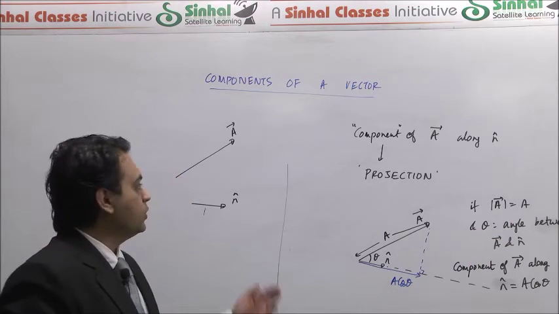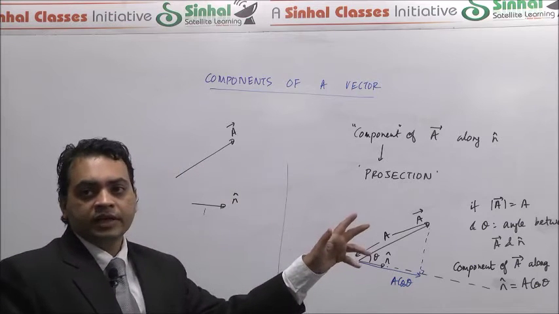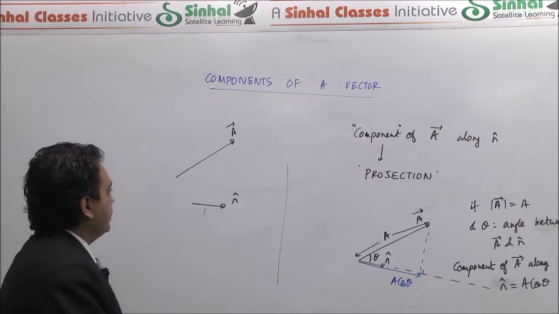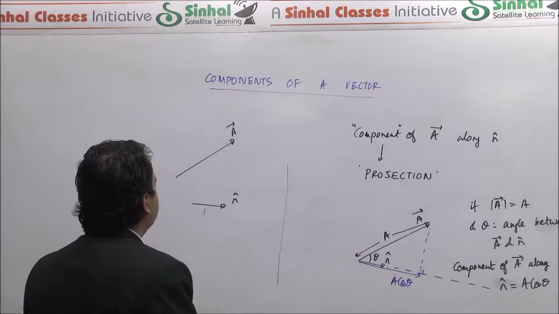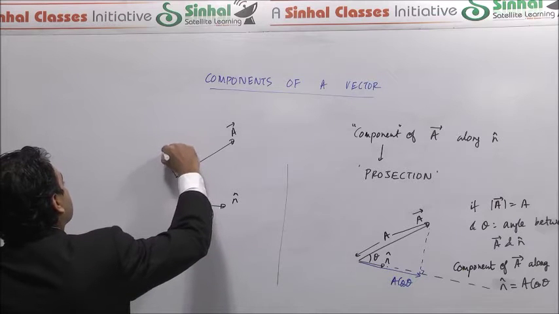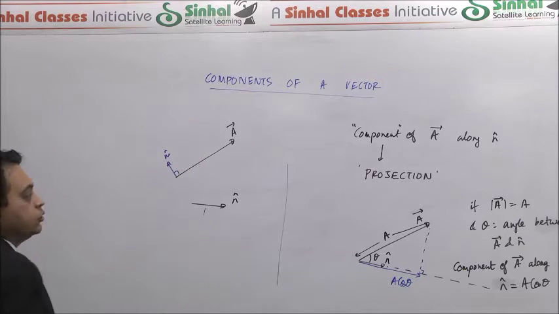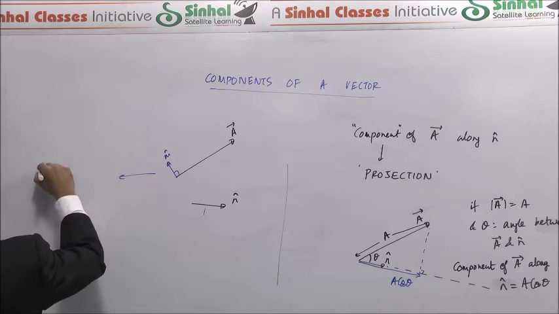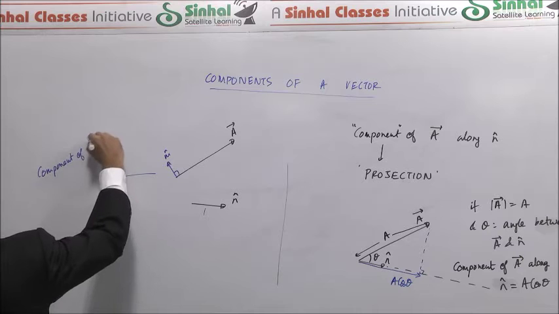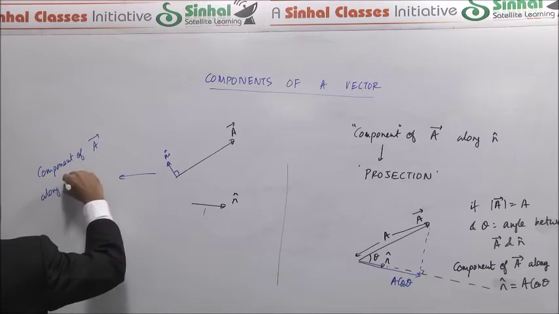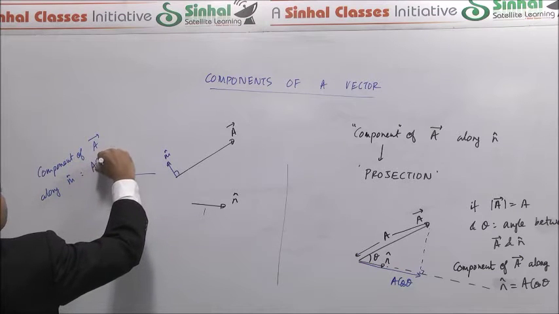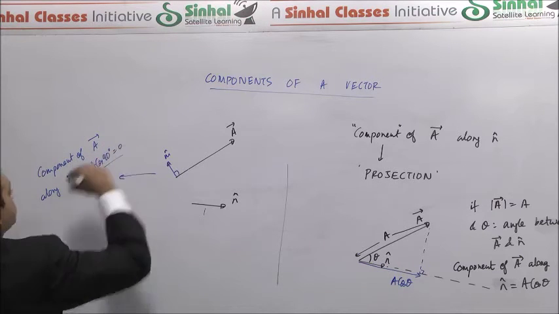So we can define the component of a given vector along any particular direction. Okay. Including a direction which is perpendicular. For example, if I take a unit vector which is perpendicular to A, for example, if I were to take another unit vector now like this, where this angle is 90. So you can see that in this particular case, the component of A along the particular unit vector m cap that I have defined, that would be given by A cos 90 degrees, and that would be 0.